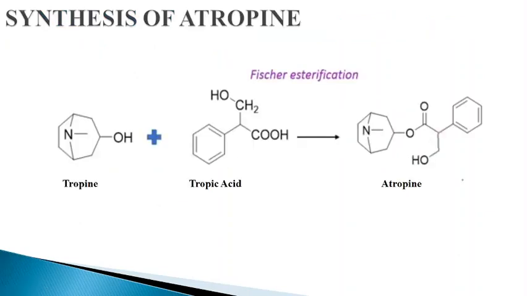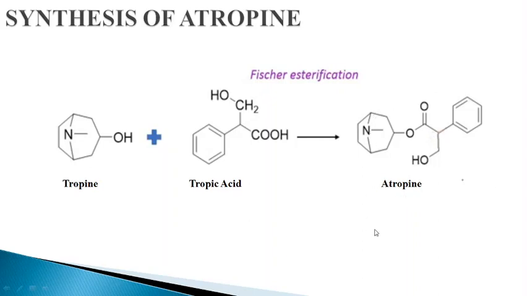Our last step is the synthesis of atropine. Atropine is the compound which is the ester of tropine with tropic acid. So the reagents which we took are tropine plus tropic acid, Fischer esterification in the presence of mineral acid, and on esterification we get atropine.